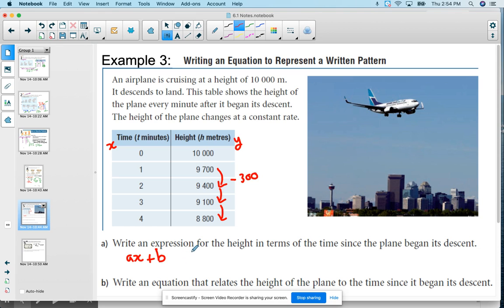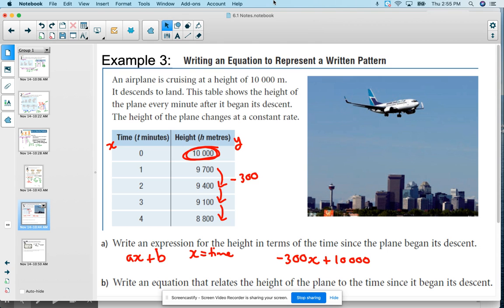So x is equal to your time, and negative 300 is your coefficient, so negative 300 times x. What are you plus or minusing by? Well, at 0, there is your constant, plus 10,000. There is your expression.